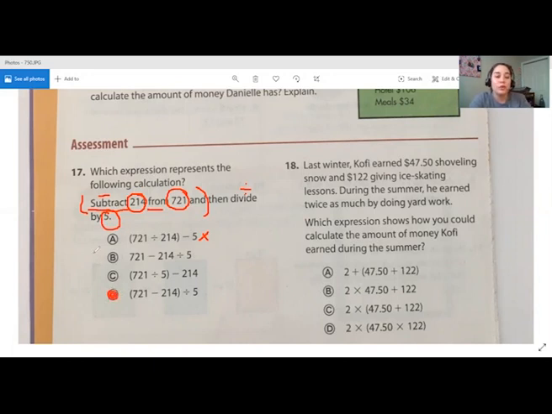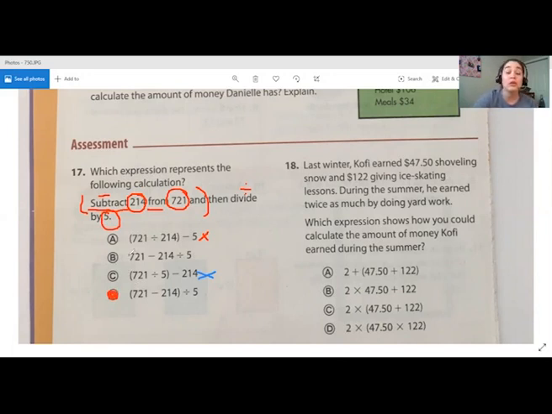So let's go through. A, we know wouldn't work because this is 721 divided by 214. That's not what we're trying to do. And then C wouldn't work. That's 721 divided by 5. We weren't trying to do that. Okay, B also wouldn't work. Even though they say the same things, B and D, B doesn't have the parentheses.